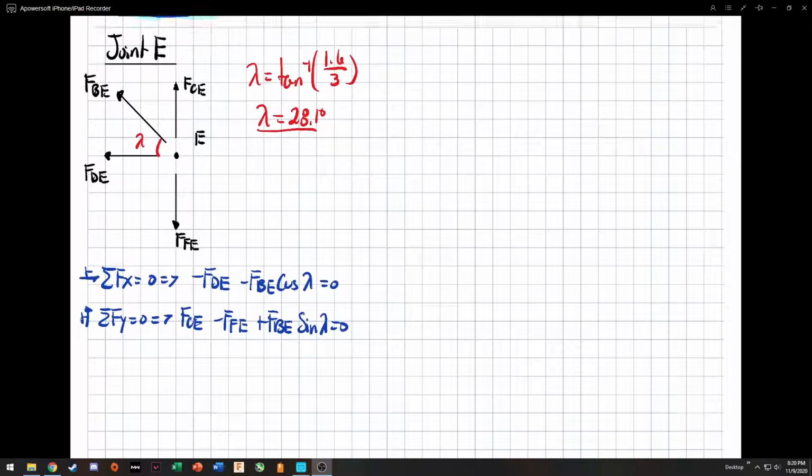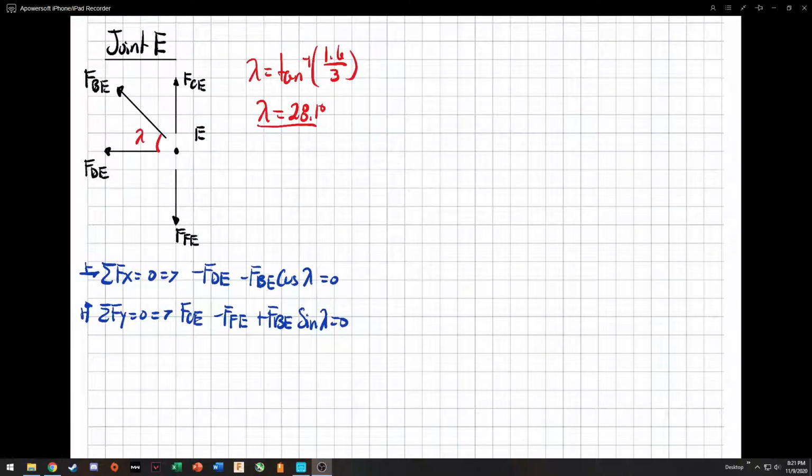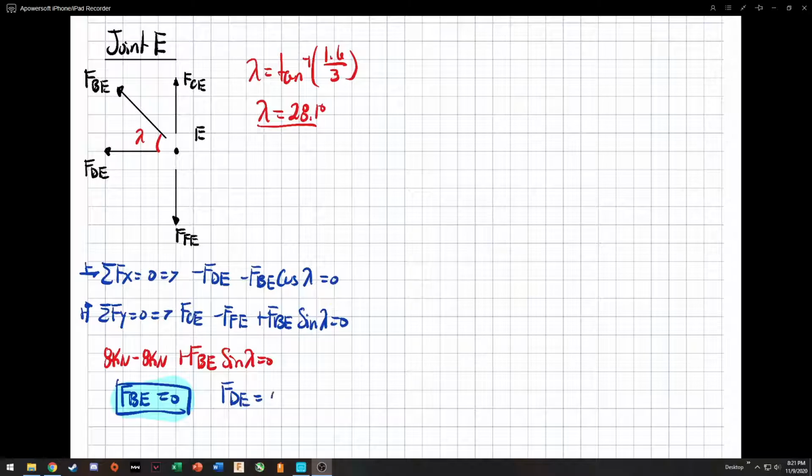We plug in because we know force CE and force FE. That will be 8 kilonewtons minus 8 kilonewtons plus force BE sine lambda equal to 0. That will come out as force BE equal to 0. Now that we know force BE, we can solve for DE. Force DE will also be 0.